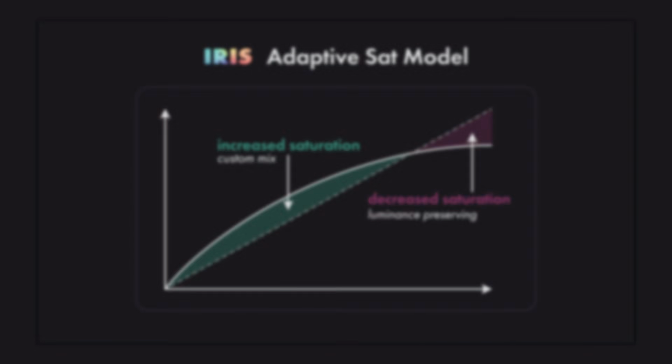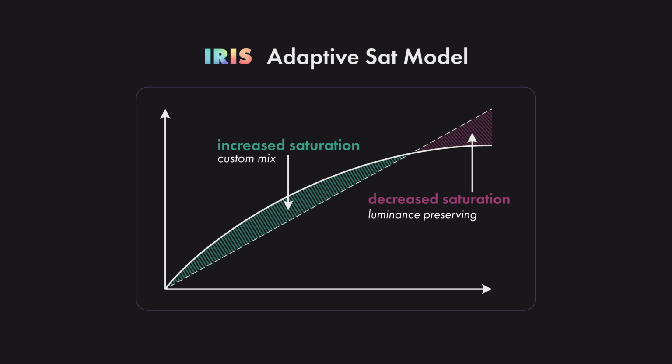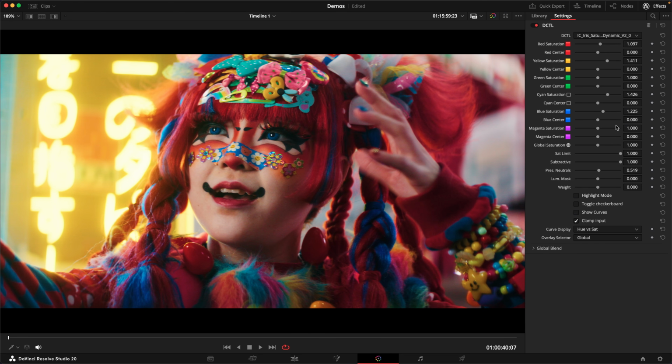Iris Saturation Pro uses a new adaptive model which responds to the exact saturation curve you draw to make sure it always uses the best operation for each pixel individually, meaning whatever saturation you dial in, increased saturation follows your preferred mix of a more neutral spherical style of saturation versus really thick subtractive filmic saturation.